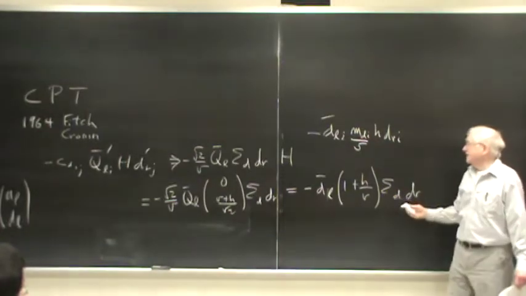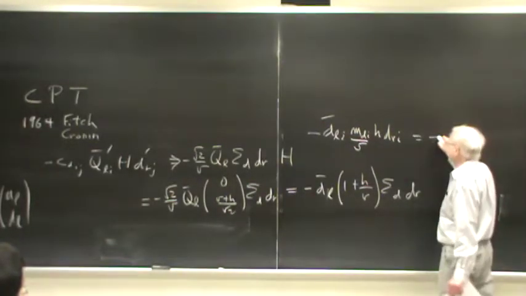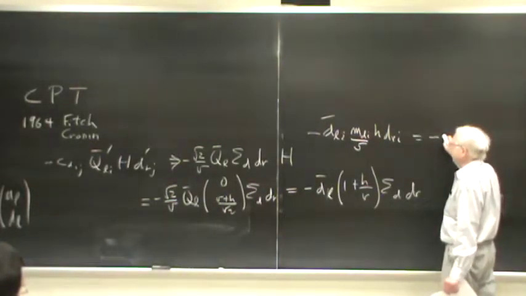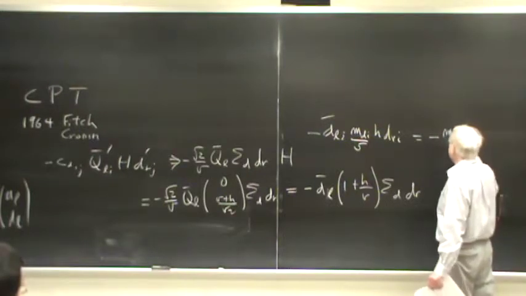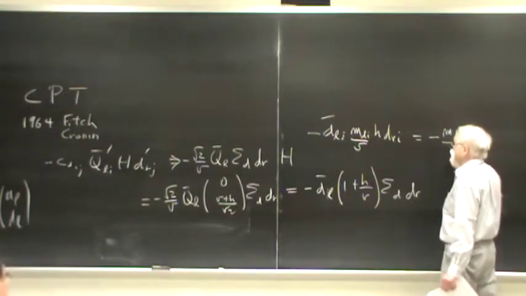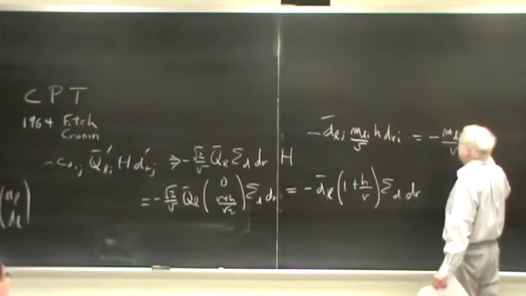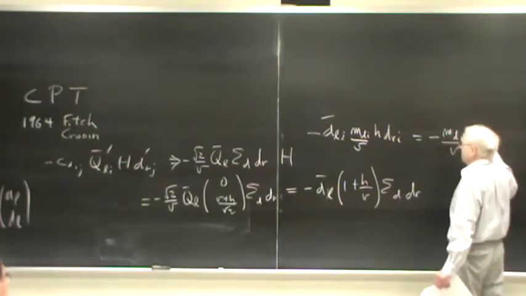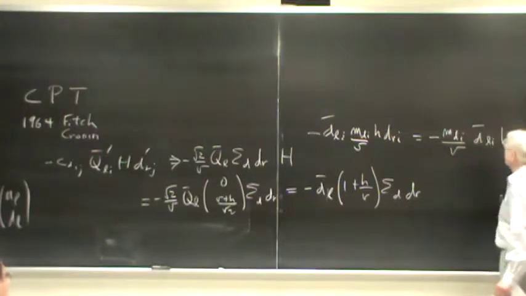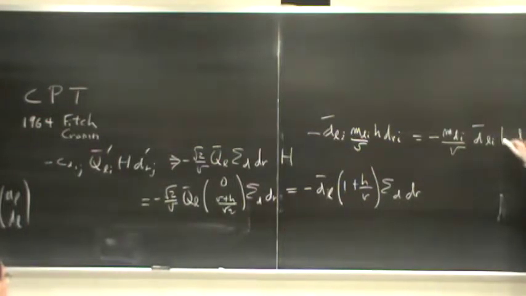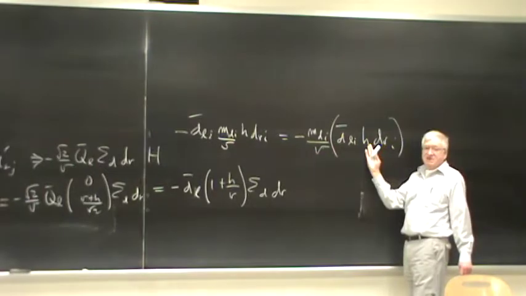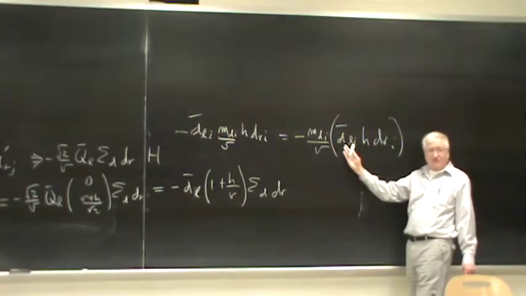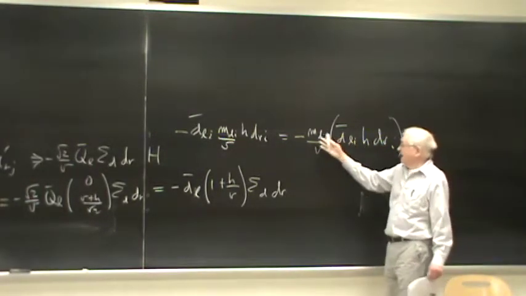So everything's diagonal here. So in other words, there's a term that's minus m_di over v, and then there's a Yukawa interaction, d bar L_i h d_Ri. So this is your standard fermion, spin 0 boson, fermion dagger, and a coupling constant.